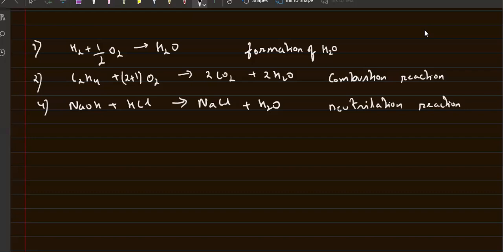Now, just think about this. If I want to find delta H of reaction in the case of the first one, what will this be called? Can we call it heat of formation?